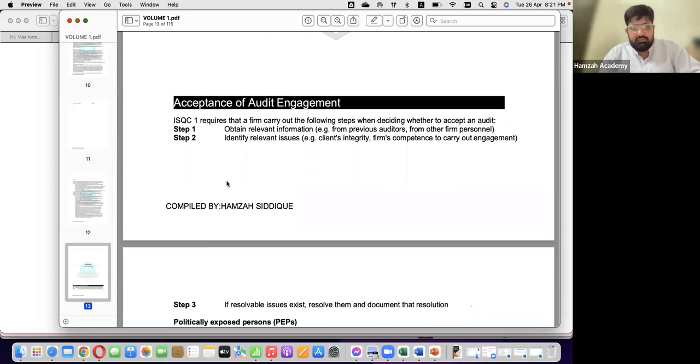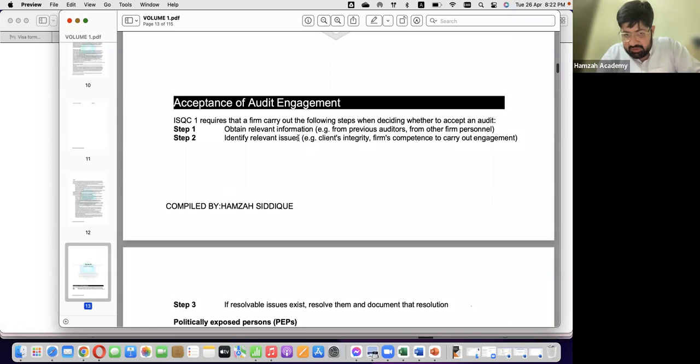First of all, whenever a company approaches the auditor to get its financial statements audited, we first have to assess whether we need to accept their audit or not. We need to obtain the relevant information which helps us decide whether we should accept it or not, and if there are any issues involved.